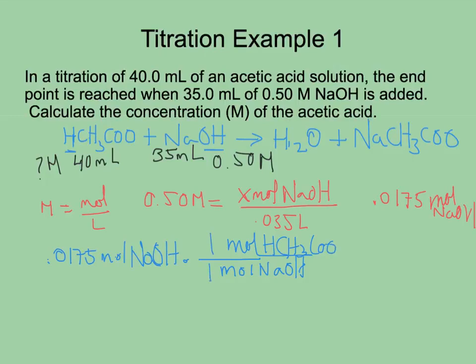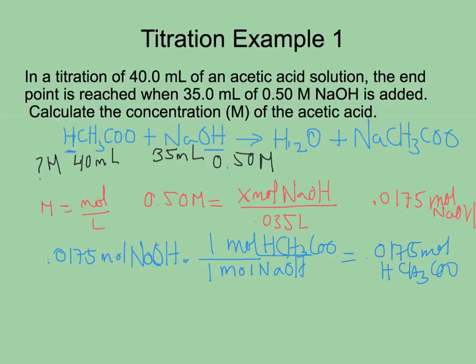And it's a 1:1 based on the molar ratio that's here and here. So that equals 0.0175 moles of my acid, the HCH3COO. Last step is to actually answer the question.